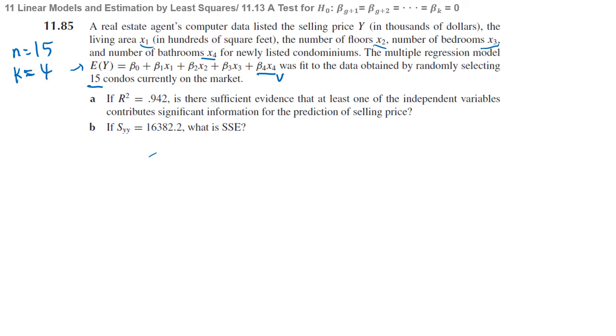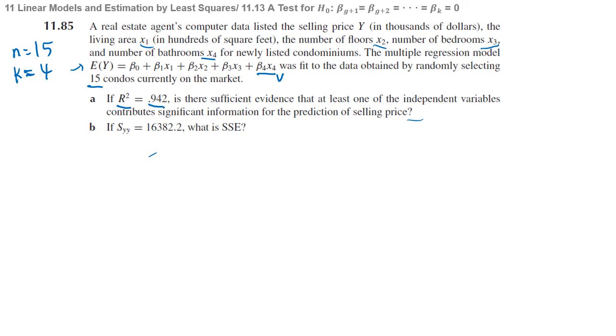If R square is this value, is there sufficient evidence that at least one of the independent variables contributes significant information for the prediction of selling prices?